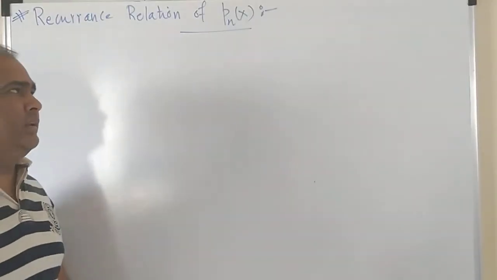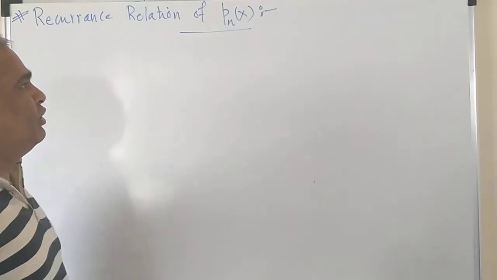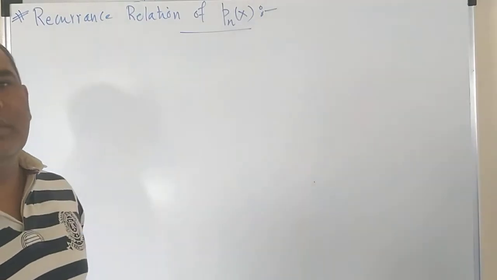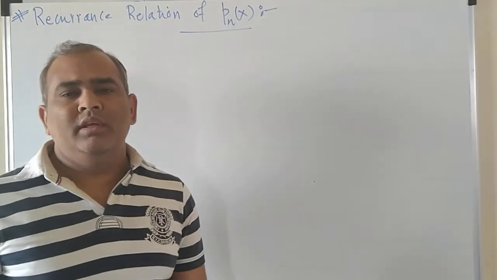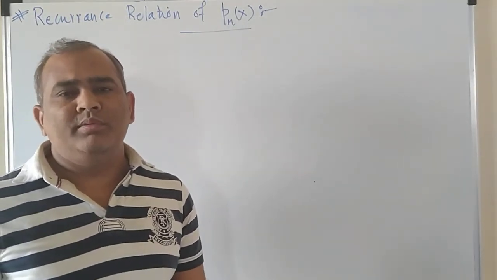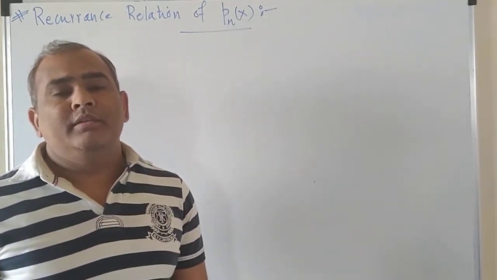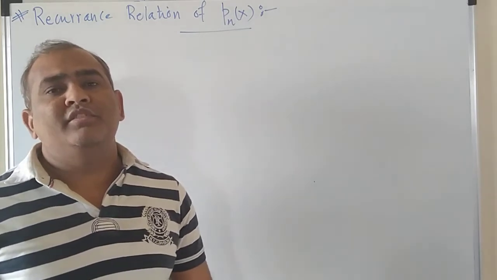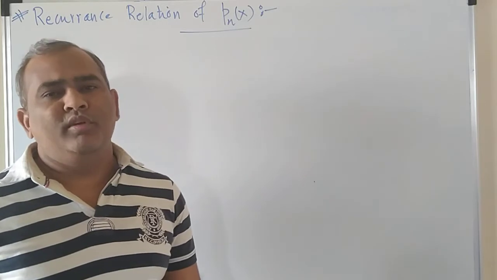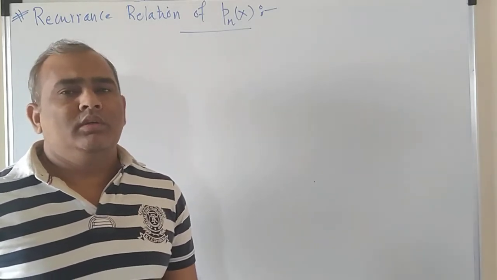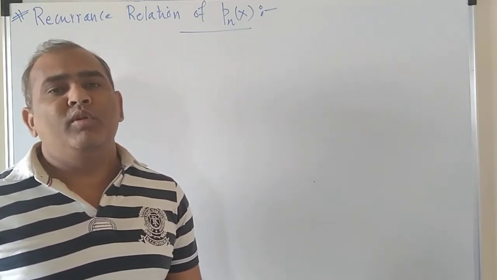Now, to prove this recurrence relation, there are various recurrence relations in Legendre polynomials, and what's the use of studying the recurrence relations of the different polynomials? This recurrence relation helps to obtain the next few Legendre polynomials or any polynomials if you know the first few polynomials.